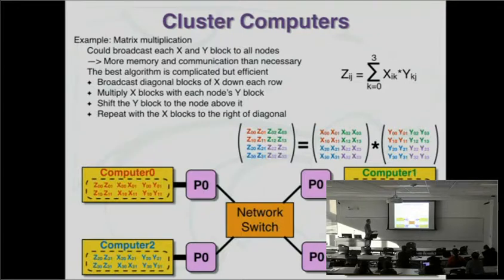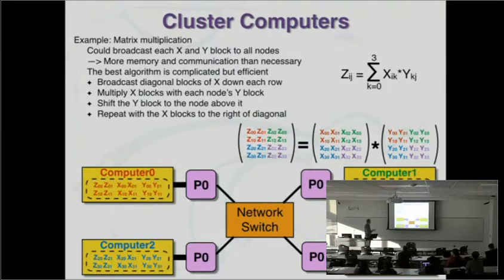So this subblock gets sent down to all the nodes in its row. Well, that's 1. So we're sending this data to computer 1. This data gets sent to all the nodes in its row. Well, that's there. That means it's just sending it over to here. So now we're replicating one subblock only, not the entire X matrix.